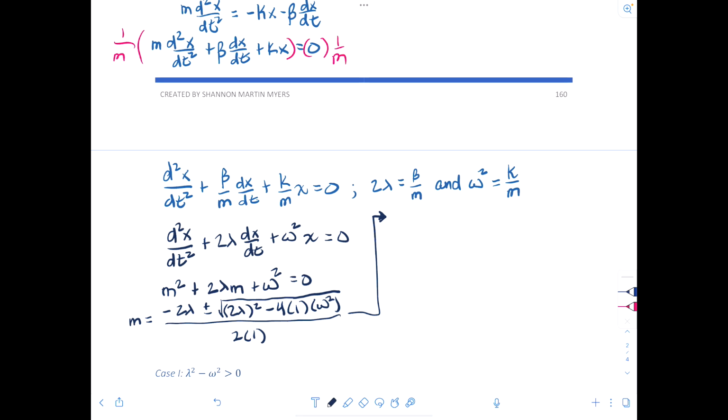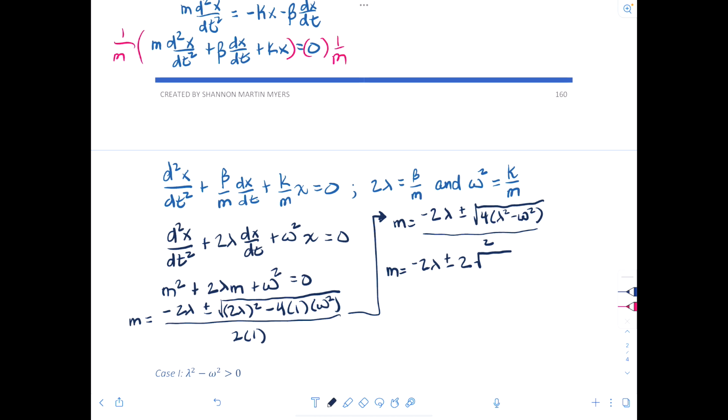Continuing, we will have m equals negative 2 lambda plus or minus the square root of 4 lambda squared minus 4 omega squared. So we factor out that 4, and we'll get lambda squared minus omega squared, all over 2. So then m will be negative 2 lambda plus or minus 2, bringing out that, because 2 squared is 4, right?